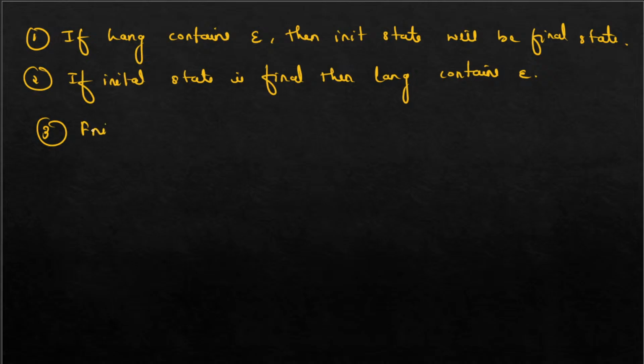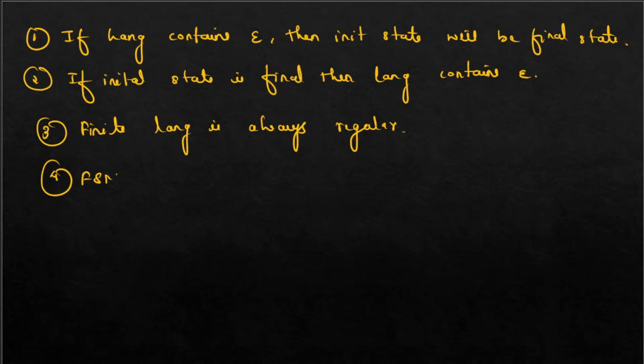Finite language is always regular. It's always regular. And for a finite state machine, for a finite language, it will always have a dead state. This point is very important.